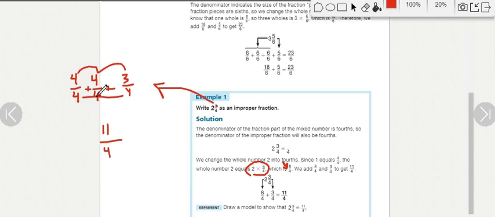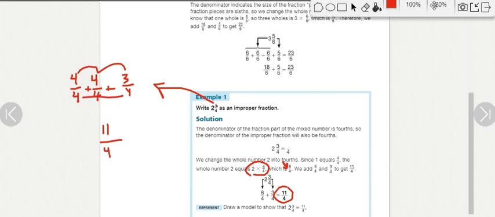So if you need this one more time, 2 and 3/4 is really saying I've got a whole, I've got a whole, add those together, and then I've got that 3/4 that was there, add 4 plus 4 plus 3, and you get 11. You keep your denominator always 11/4, which is what they said the answer is.